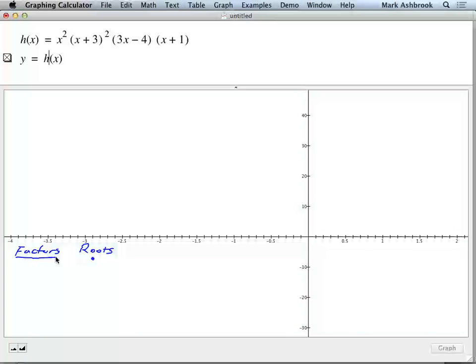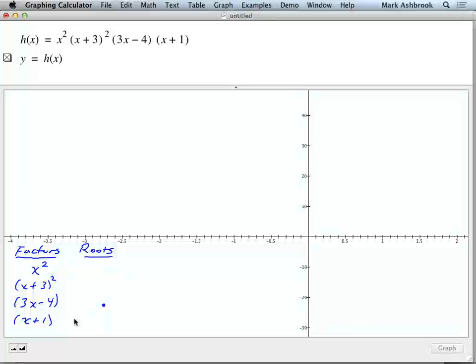So the factors are those parts of the expression that are multiplied together. So we got x squared, x plus 3 squared, 3x minus 4, and x plus 1. And each of those factors gives us a root.